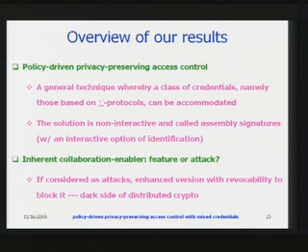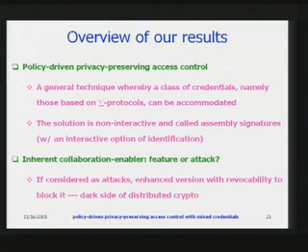There is another quite interesting thing: this construct, or this dish, has a property which we would call an inherent collaboration enabler. You can see it as a feature, and you can also see it as a tag.